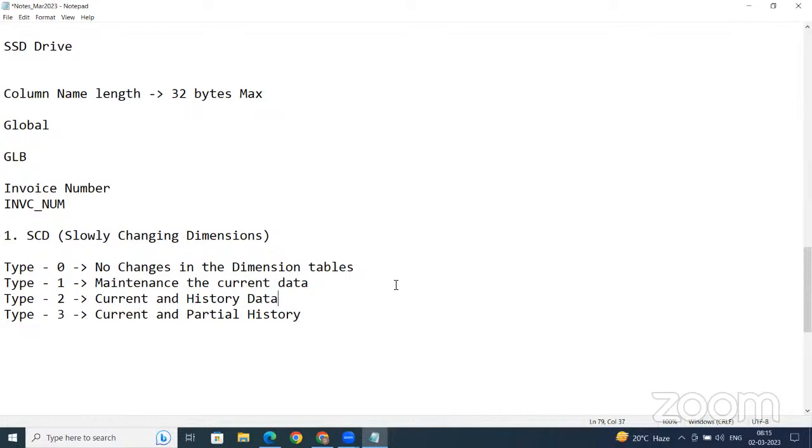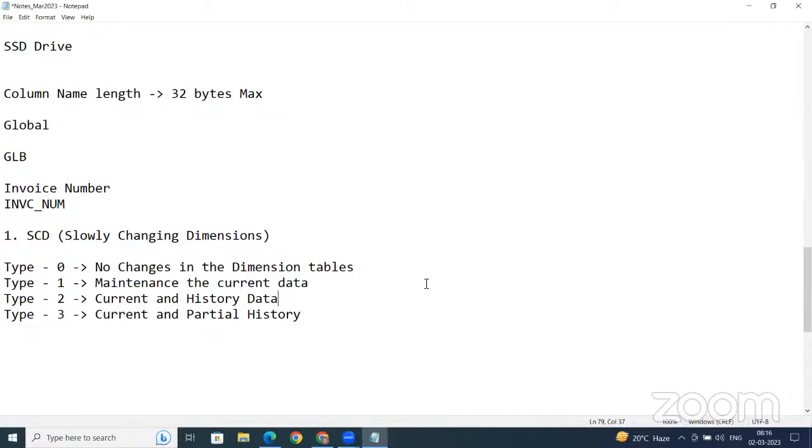So in type 2, we'll maintain current as well as history. If they want to check the history details of a particular customer, then they have to check their history data, right? So that is the reason type 1 has a disadvantage: we are not maintaining history. We are focusing on current information.